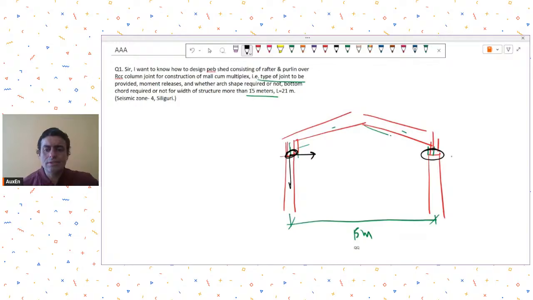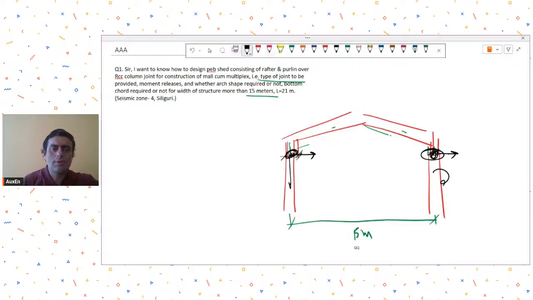Of course, the lateral thrust will lead to moments, but there are no end moments getting transferred. If you go with this type of system, you may provide pin supports, but then you will have to check for the lateral deflection of this rafter system. In the same system you can go with moment connections also at the base.